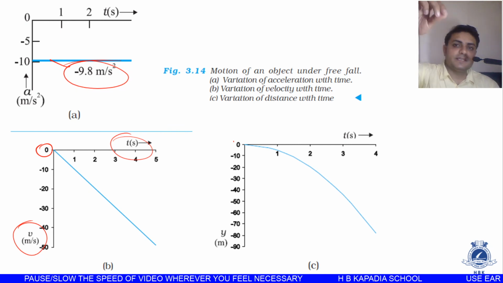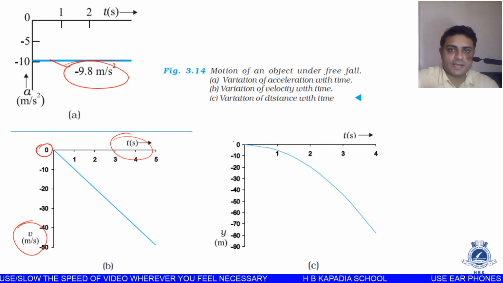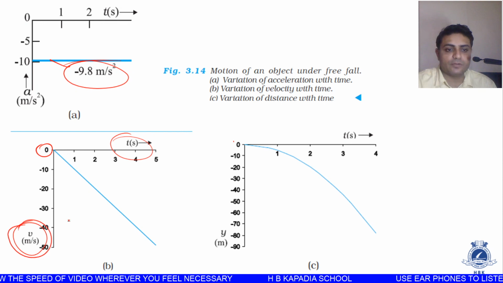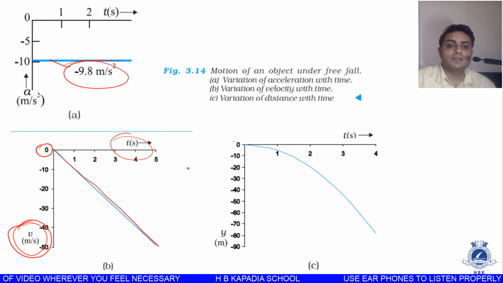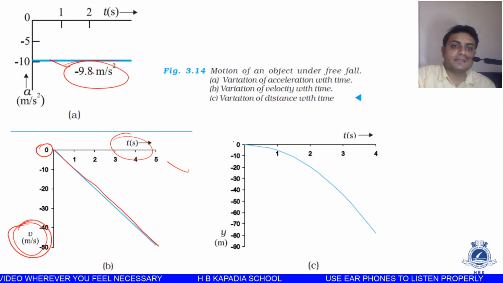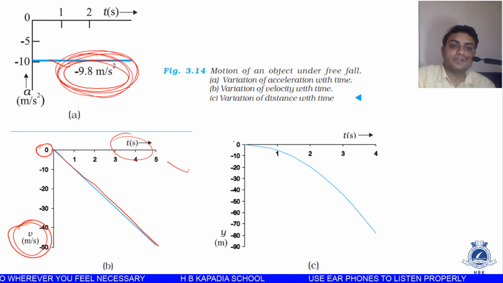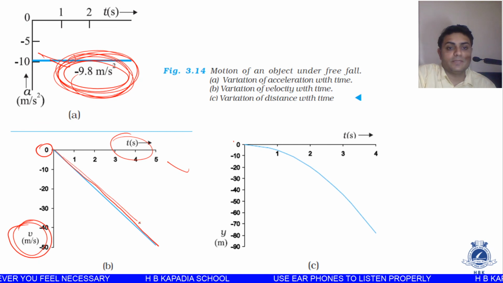When the initial velocity is 0 and you just release it, then it moves in the negative x direction. Negative x direction means negative velocity, and when the velocity is negative, of course it is increasing, but it is increasing along the negative direction. So therefore the graph will be like this, and the acceleration is constant, it is not changing. Earth will not change the acceleration due to gravity, so therefore the graph will be like this.